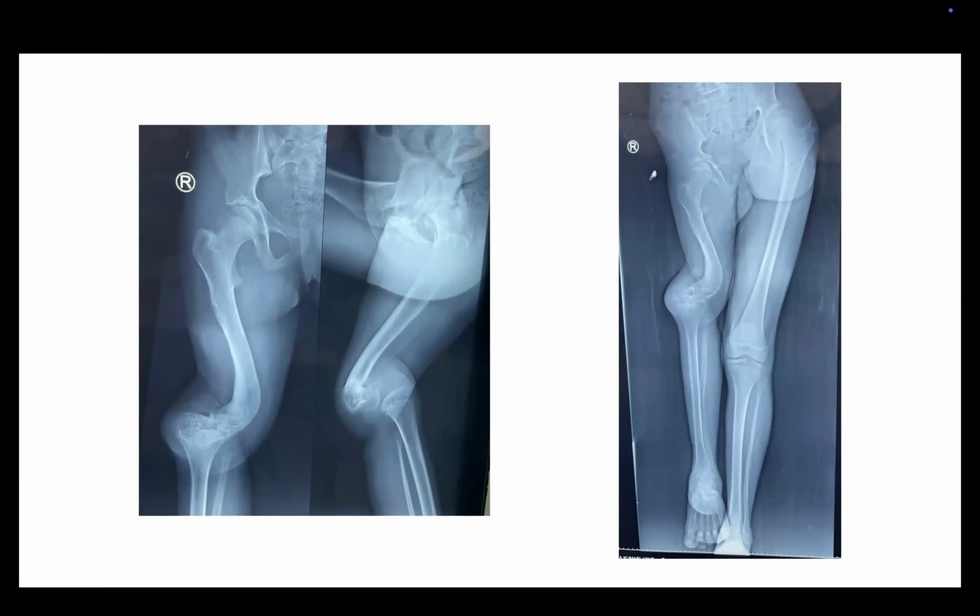If I look at the hip X-ray here, I would say that this is an AP. Correct. But look at the knee joint. I understand. So in addition to the valgus, there is a rotational deformity at the joint. Yes. That has to be evaluated properly.